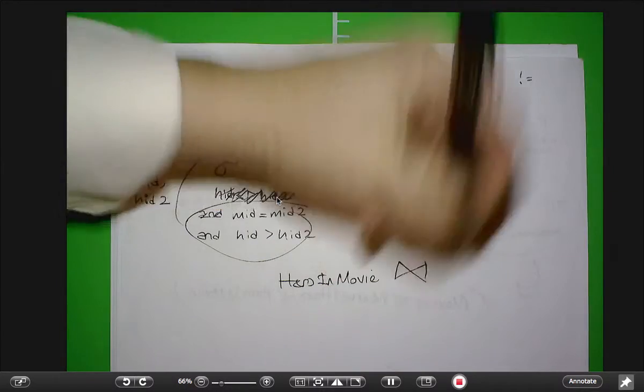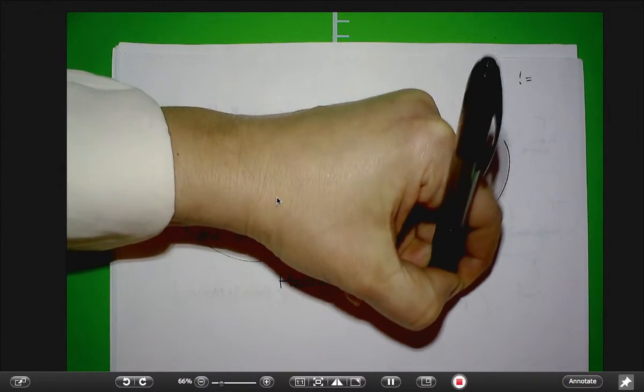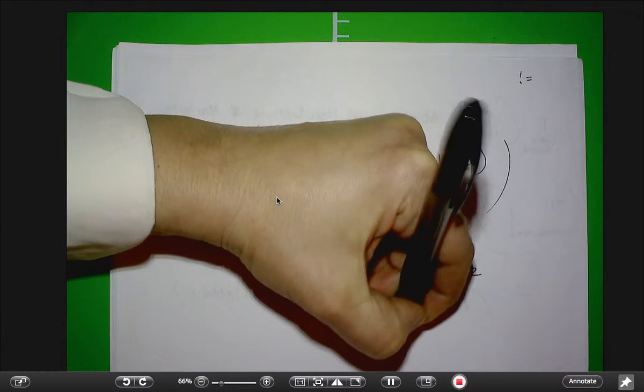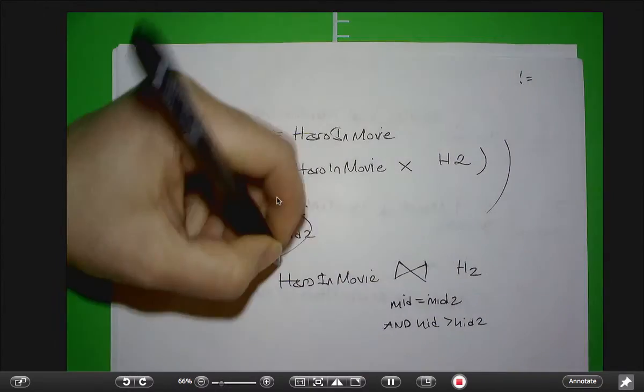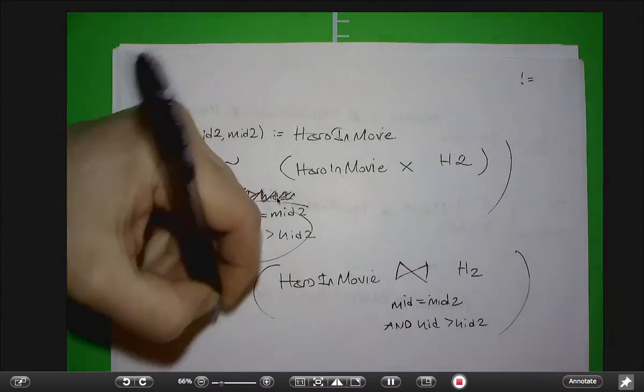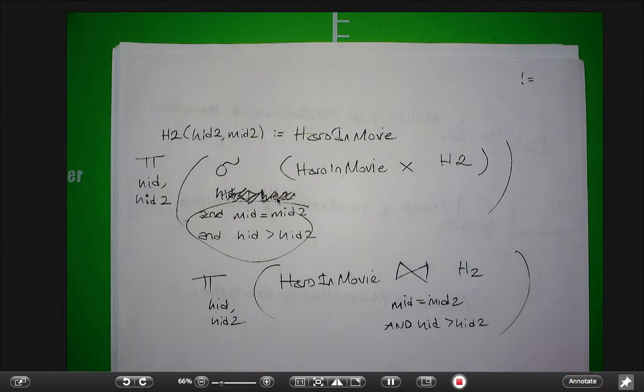So now you can say like this, and then project like this. Okay? So it is important that you convince yourself you understand why that has to be this way. And this query cannot be written with natural join, right? Because it's not an equality join.